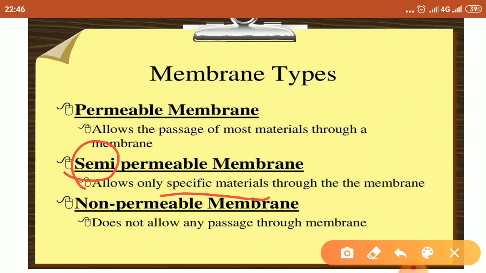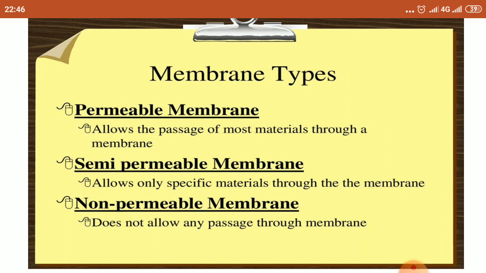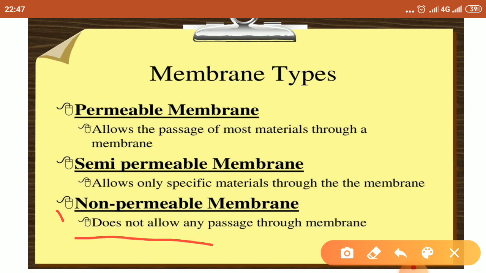Fine. Next is non permeable membrane. Non permeable, as the name explains itself, will not allow any passage through the membrane. It will not allow the material to move across. So in the case of higher plants where there is deposition of some chemicals, the cell wall and the cell membrane do not allow any kind of molecule to move in.